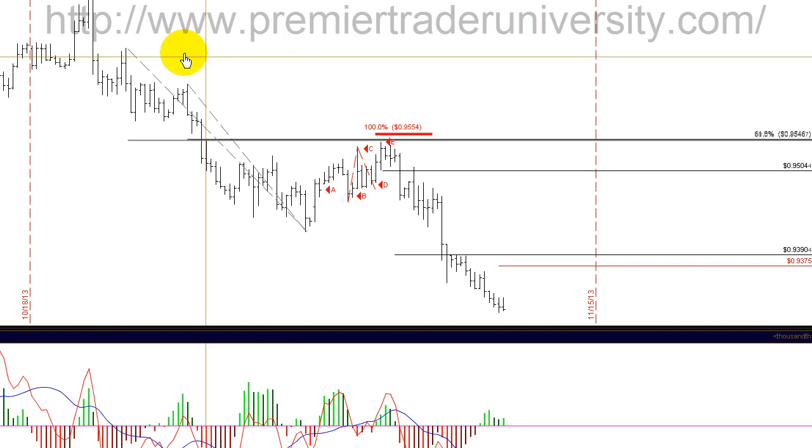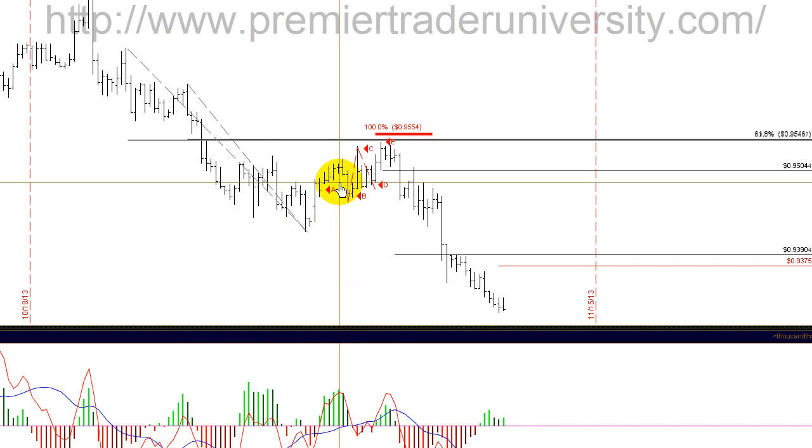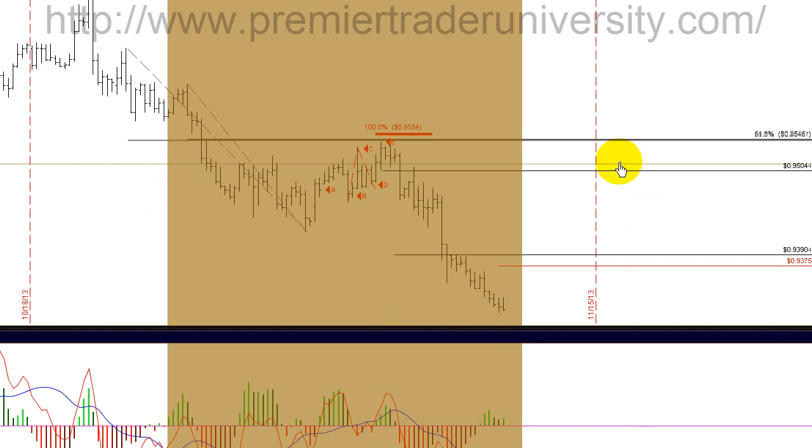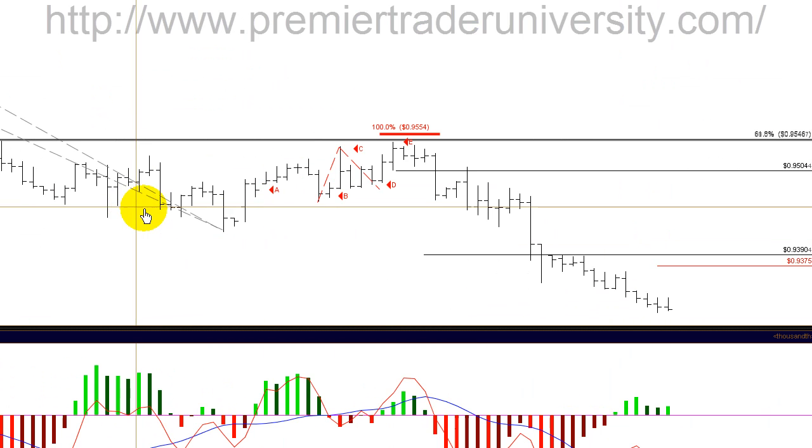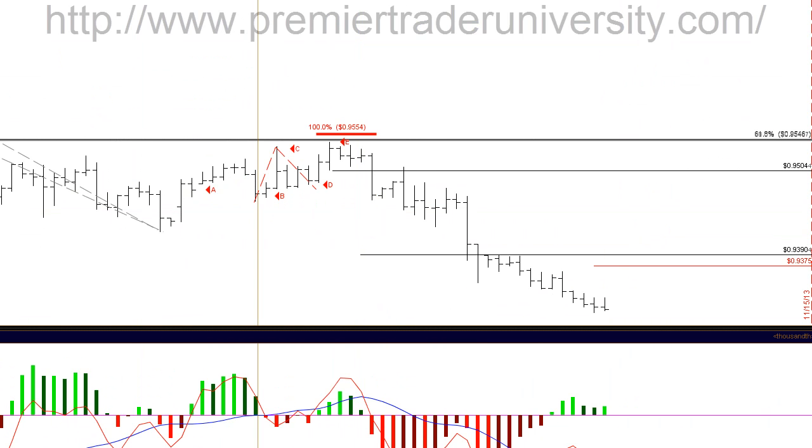So when this move started going up here, one thing I noticed was that the moves were overlapping. You can see we come up here, we come down here, we come back up here, come back into here, which is back into this range up here. These moves overlap. Generally, when you're looking at a trend, you're not looking at overlapping moves.